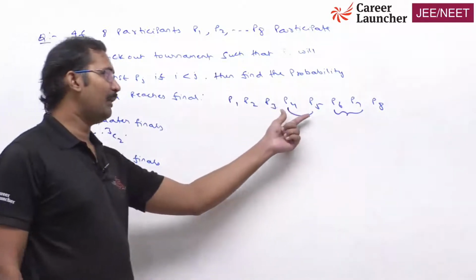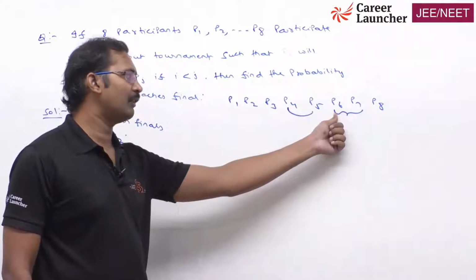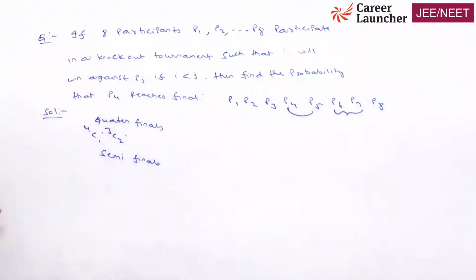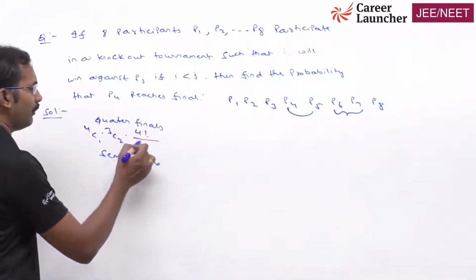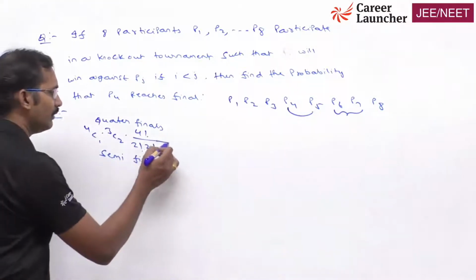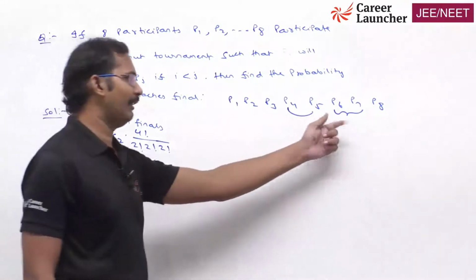If P4 and P5 play, P4 will win. After that P6, P7 play, P6 will win. Now the remaining 4 can be formed into pairs, forming 4 people into 2 groups: 4 factorial upon 2 factorial, 2 factorial. Both the groups have the same number, so once again divide by 2 factorial. This is for the quarterfinals so that P4 will win and 1 out of the remaining 4 will win.